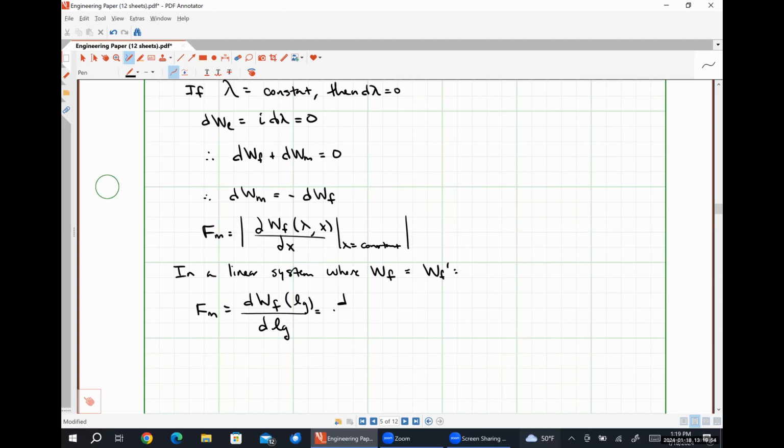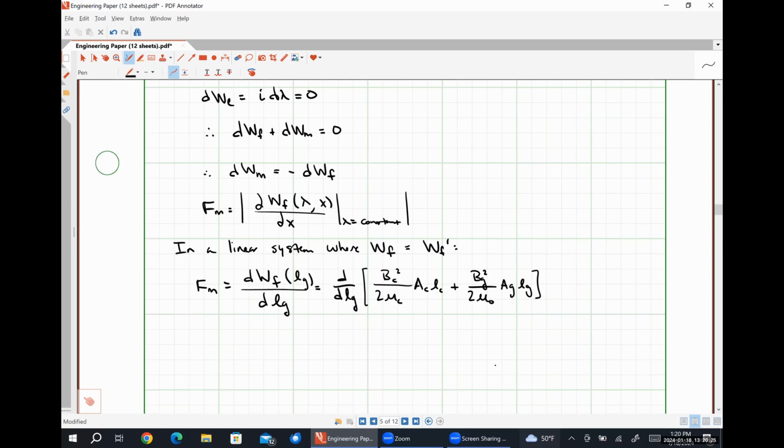And so we're going to have the derivative with respect to gap length of our expression from earlier: our magnetic flux density squared divided by twice mu c times Ac Lc, plus our magnetic flux density in our air gap squared divided by twice mu naught times Ag Lg. And the derivative of this first term is just the derivative of a constant, so it's 0.